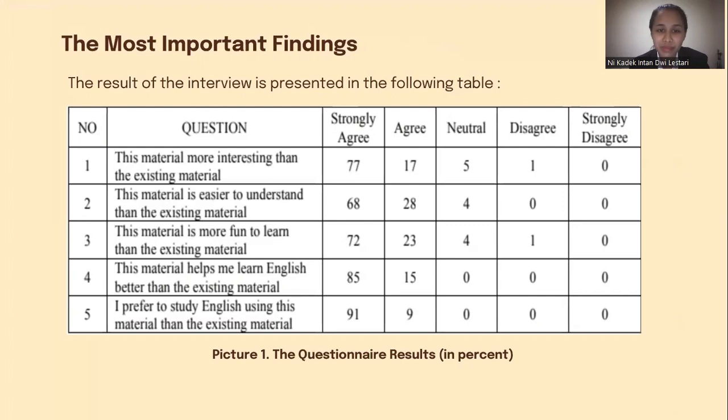From that, we can see the students prefer the new material rather than the previous material, in terms of appeal, level of difficulty, enjoyment during study, material content, and overall preference. And the students claim that the pictures, color, language games, and language activities in the material help them reduce their anxiety and stress level.